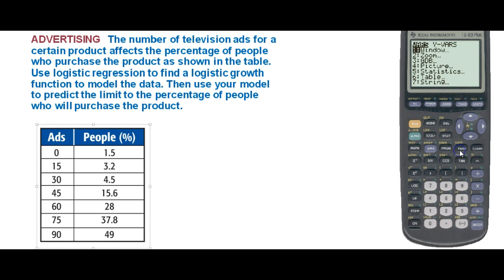You have to type it all out. So Y variables, function Y1, and let's go ahead and hit enter. It takes a little while for the logistic function to work.